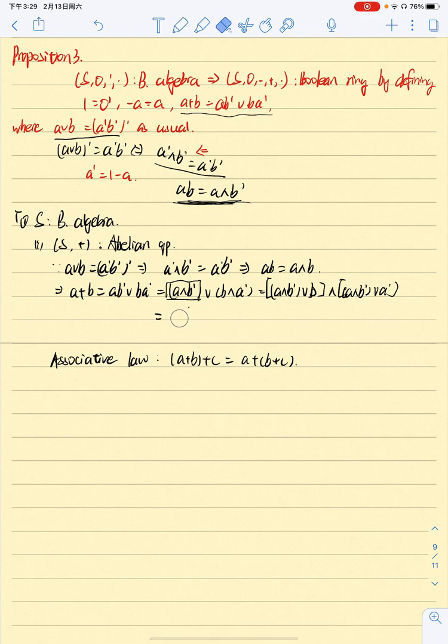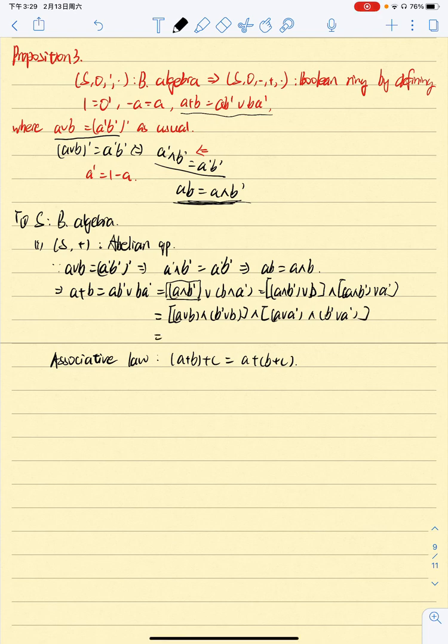Here, A or B, A or B and B prime or B. Okay, and here A or A prime and B prime or A prime.